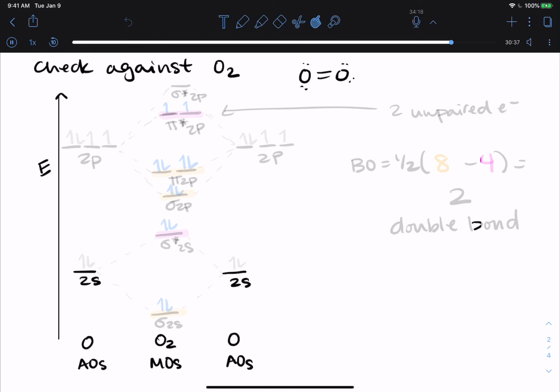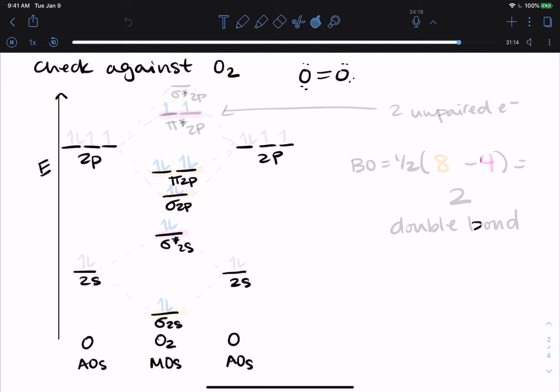Honestly, I'm going to go ahead and fill in my MOs so that my space planning works out a little bit. Get a sigma 2s combo and a sigma star 2s combo. Then I will have the 2p orbitals in the atomic columns, also 2p here. And first order, the lowest energy combination is my sigma 2p, then pi 2p, and there are two of them, right?